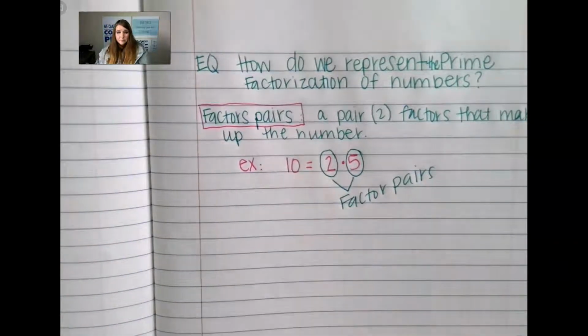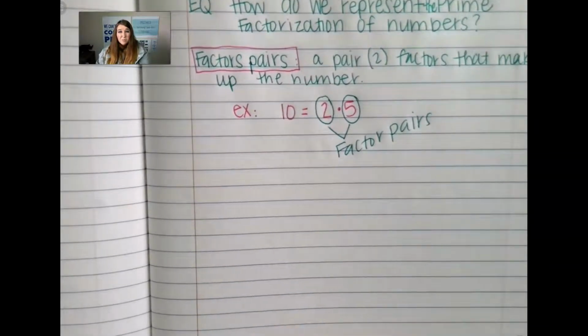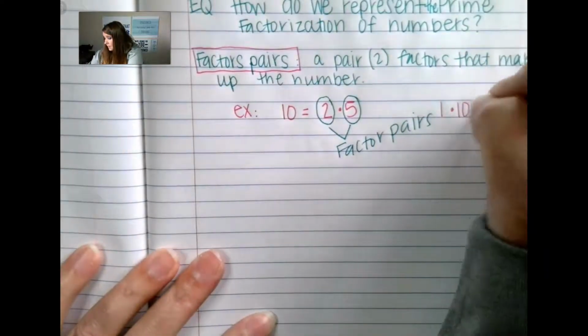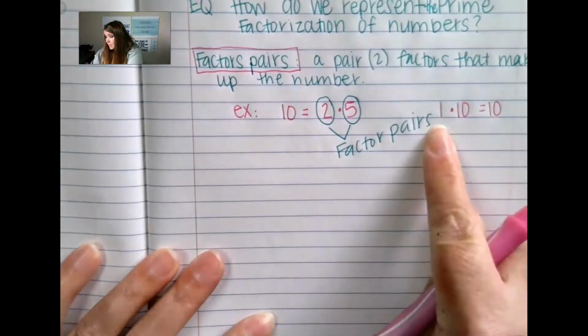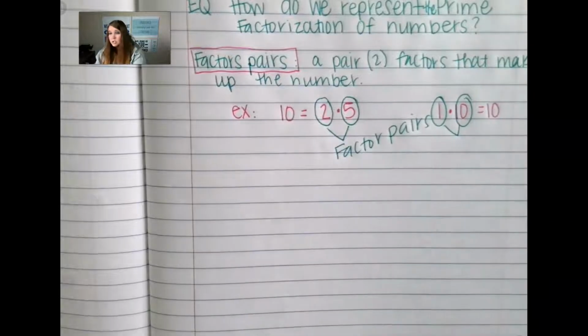So it's the pair that makes it up. 10 can also be made by the factor pair of 1 times 10. That also equals 10. These are the factor pairs.